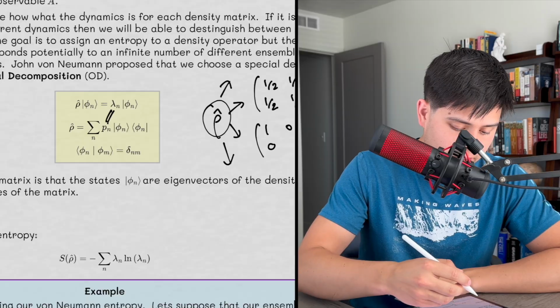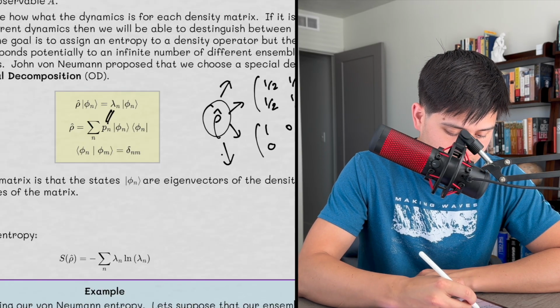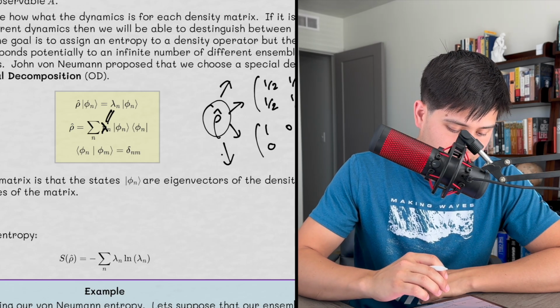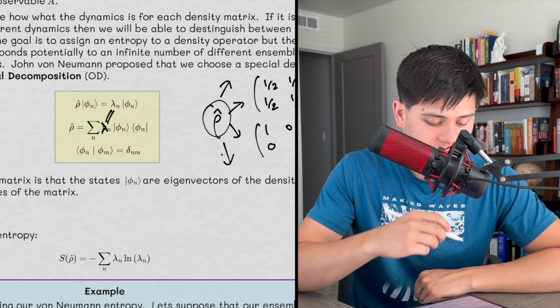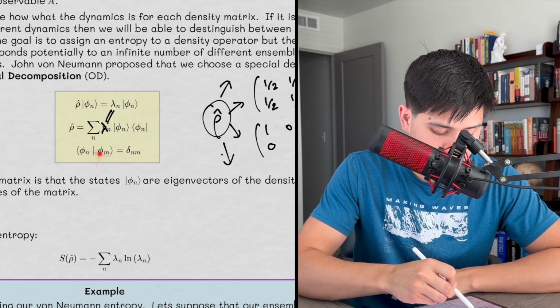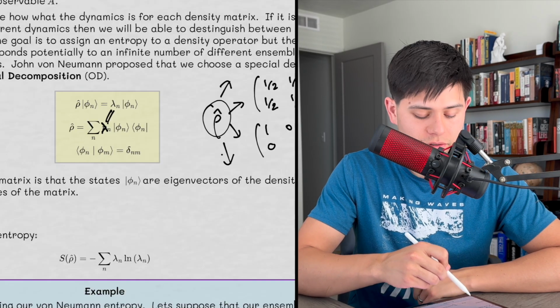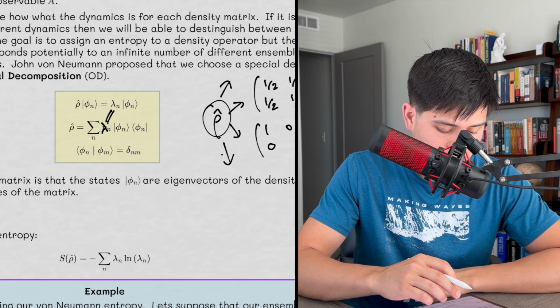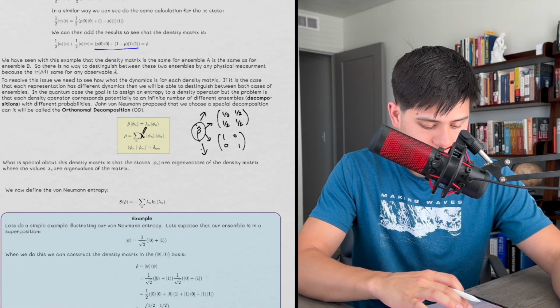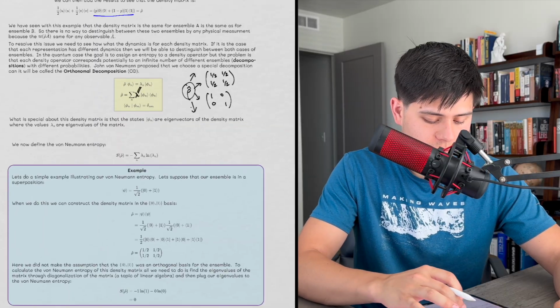So we can write this then as phi n like this. All right, this is going to be key here, and so let's continue, and we're going to say that the inner product between any two eigenvectors is going to equal the Kronecker delta, and that's just to say that they're orthonormal or orthogonal to each other.